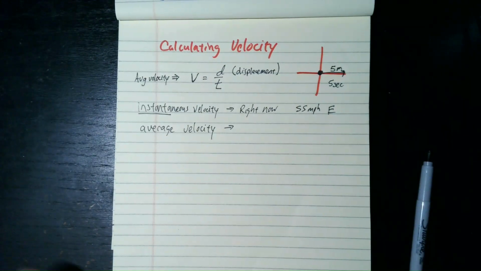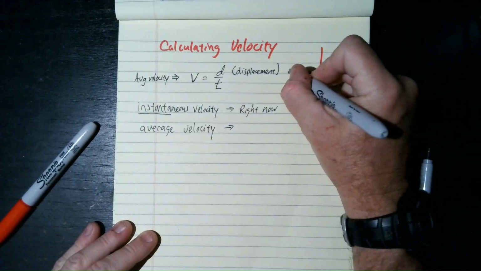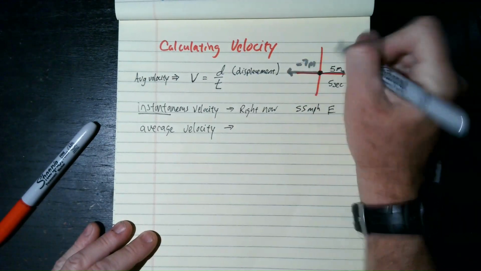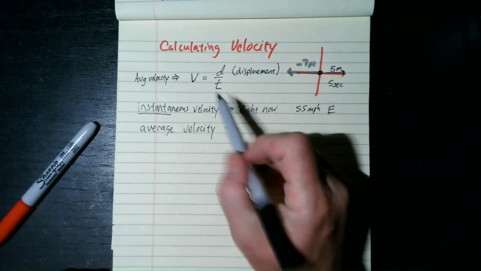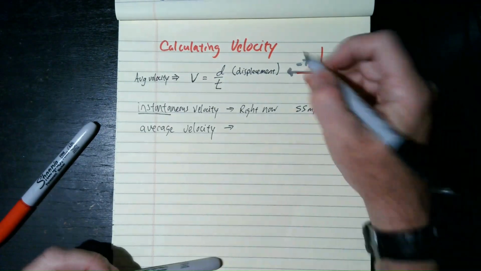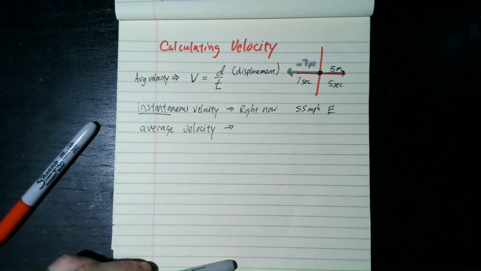But what if I went this direction? That would be a displacement in the negative direction. My number up here would now be negative. And let's say it took me 7 seconds to do it.